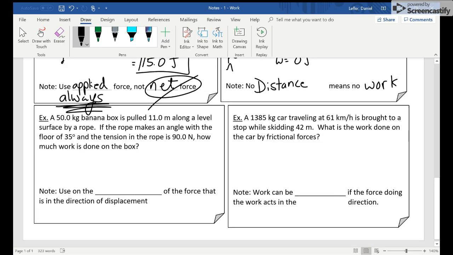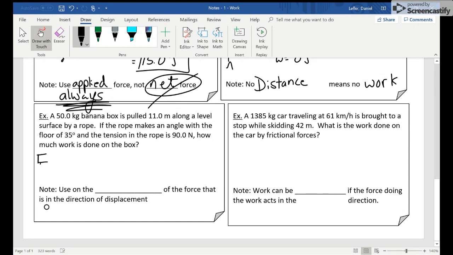So first off, let me try and draw this picture as best as possible. So we've got our banana box. It's being pulled up at a 35-degree angle. Pretend that it's level with the floor. So the formula we need to use is our force times the cosine of 35 degrees, and please make sure your calculator's in degrees, not radians, times our distance.